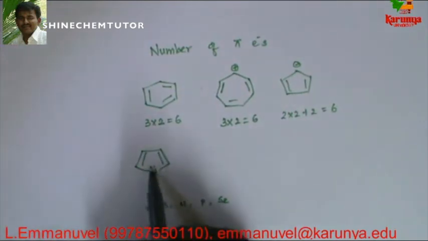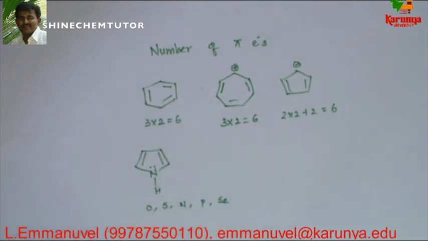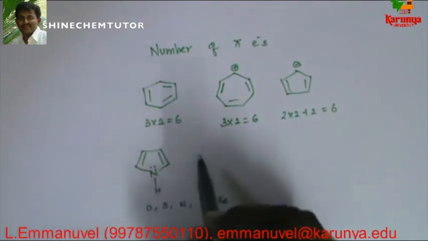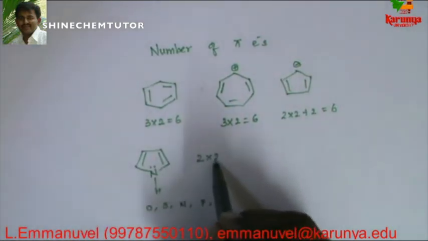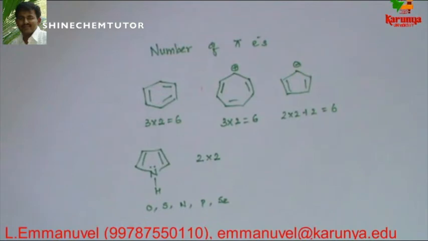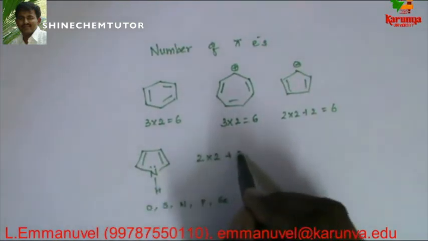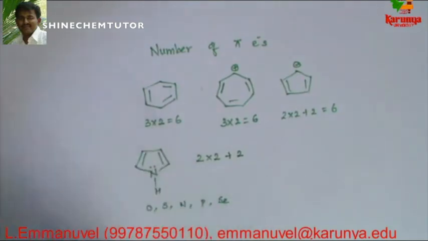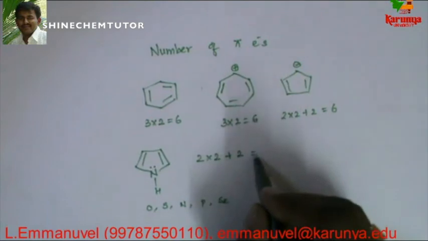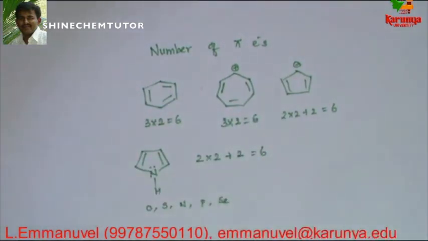So this lone pair of electrons is equal to 2 electrons. So here we have 2 double bonds, which accounts for 4 electrons, plus 2 more electrons on nitrogen. So in total there are 6 electrons.